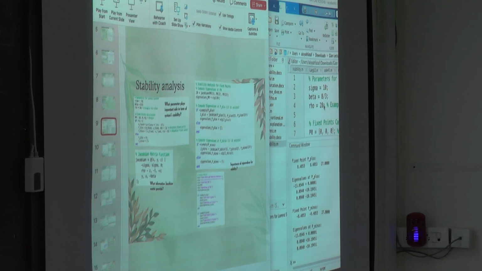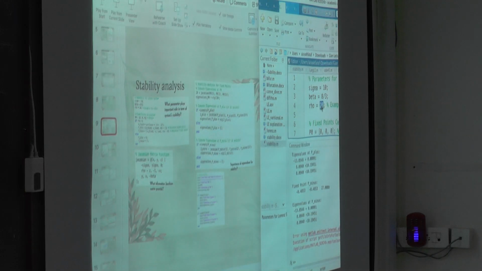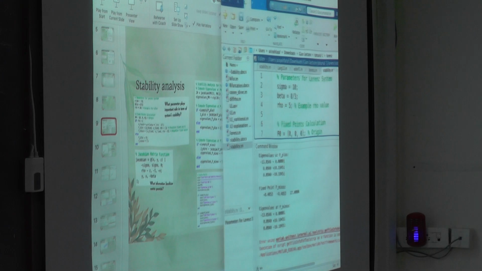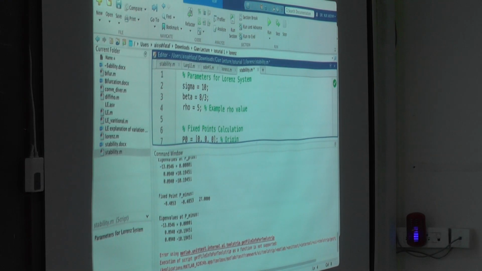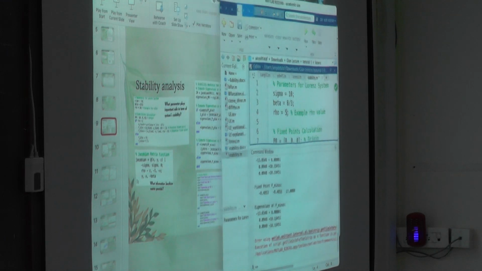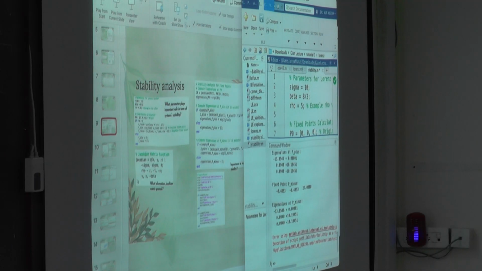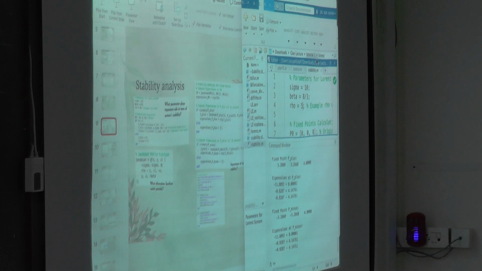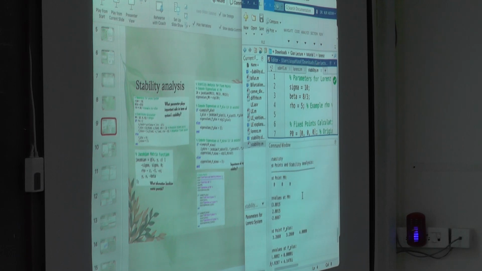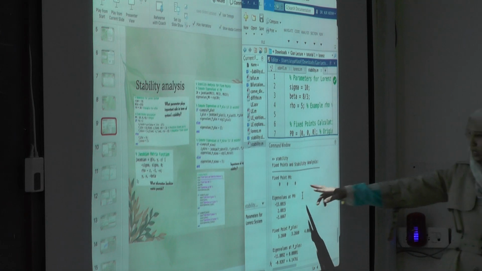Let's say we change rho to 5. Okay, so when we run, of course we will have 0, 0, 0, the same.